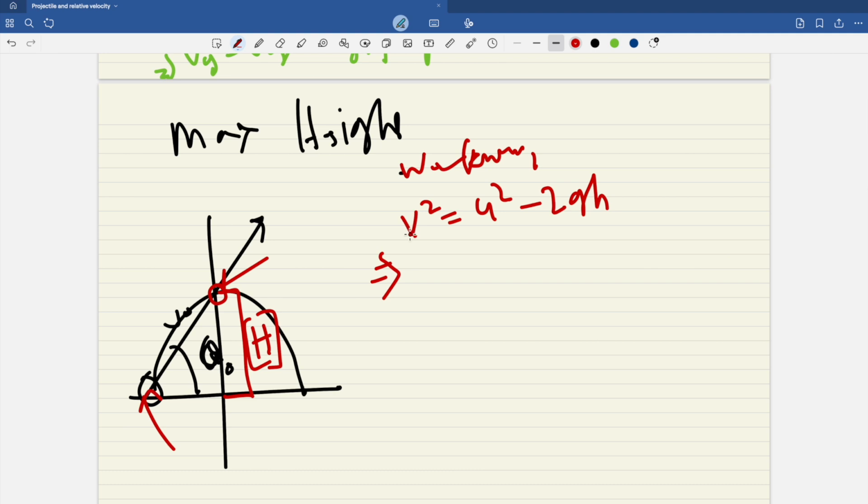This v is the velocity at the final position, so it turns out to be 0. This u is V naught, so 0 equals V naught square minus 2g times the maximum height, right?